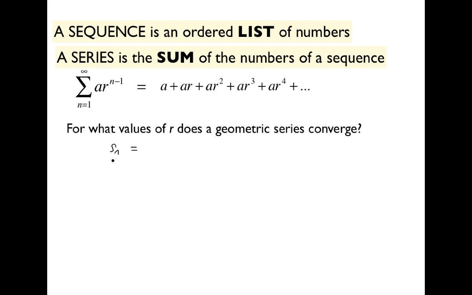Don't write out the sequence. What we want is the nth partial sum. So write that out. What's the nth partial sum? It's going to be the first n terms added together.